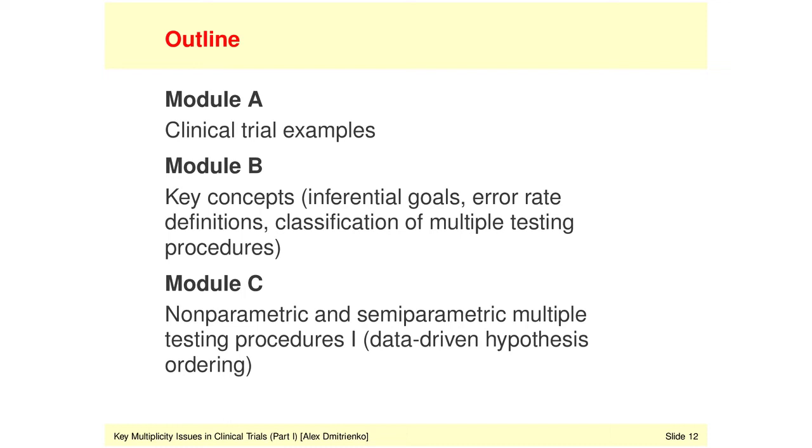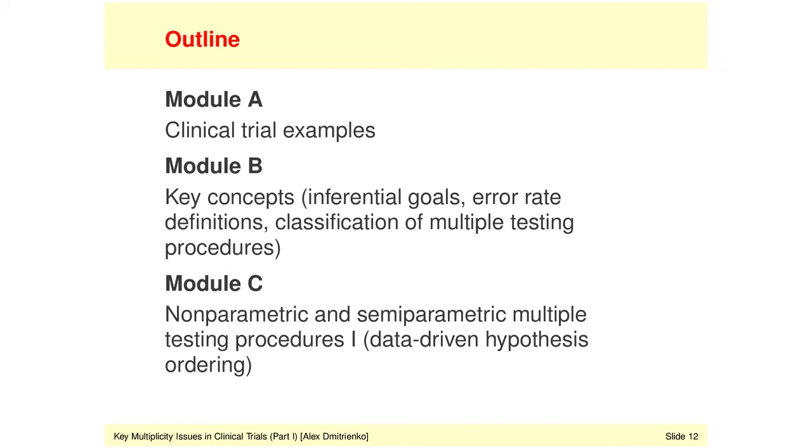This includes inferential goals that we formulate in multiplicity problems and popular definitions of the error rate. I will also define main classes of multiplicity adjustments or multiple testing procedures, for example, non-parametric, semi-parametric, and fully parametric procedures. And we will discuss guidelines for selecting multiplicity testing procedures for each particular setting.